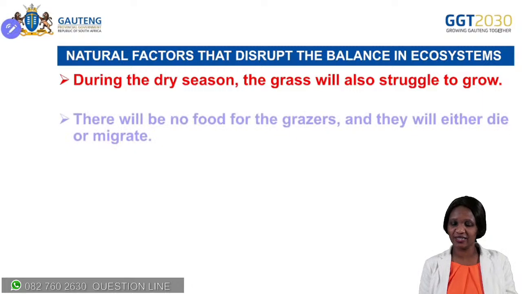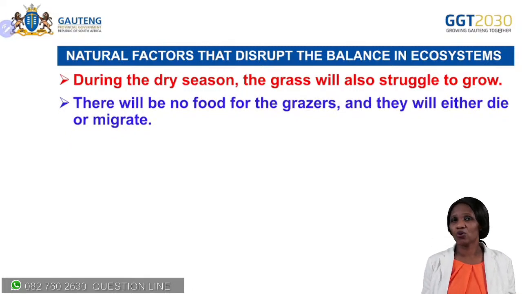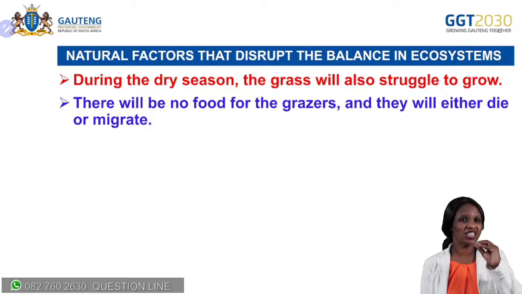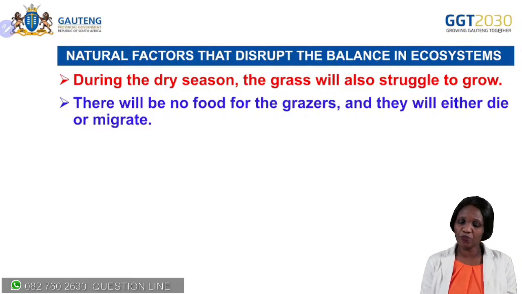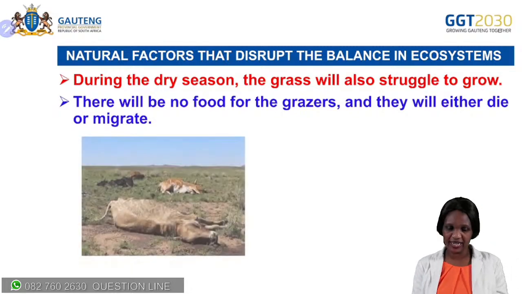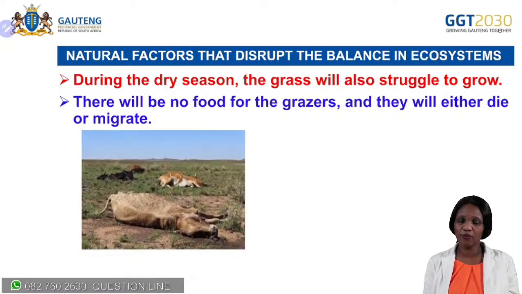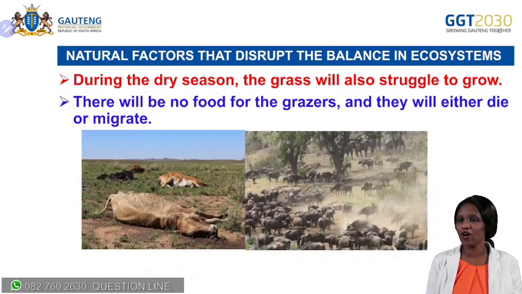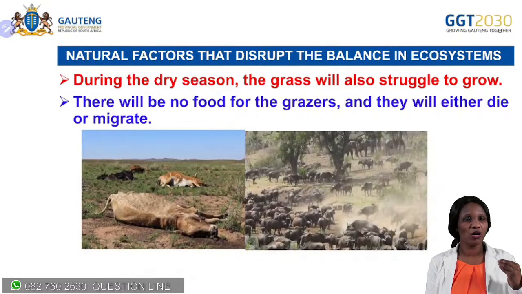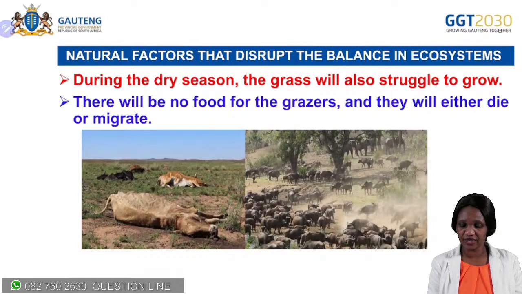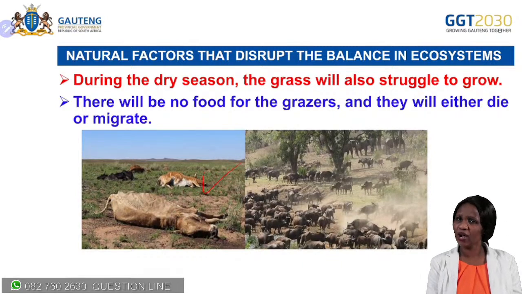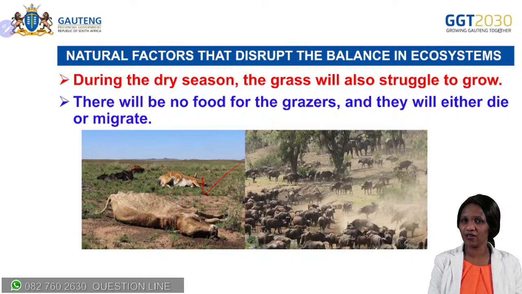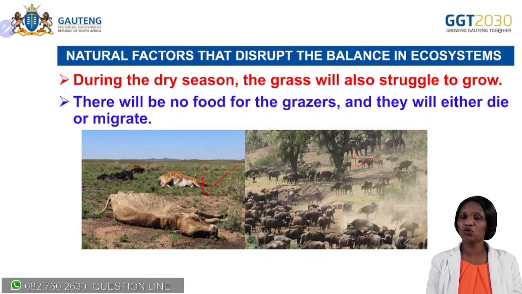During the dry season, the grass will not grow. It will just struggle to grow because the plants need water. There will be no food for the grazers, and they will either die or even migrate. Some animals die because of what? Because of drought. For example, you can see these cows are dead. Why? Because there is no food for them. And then you can see the animals migrating.